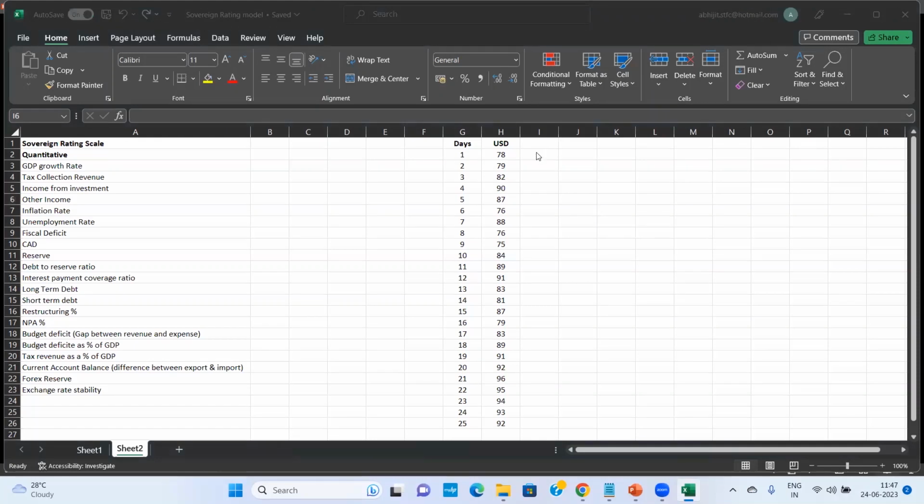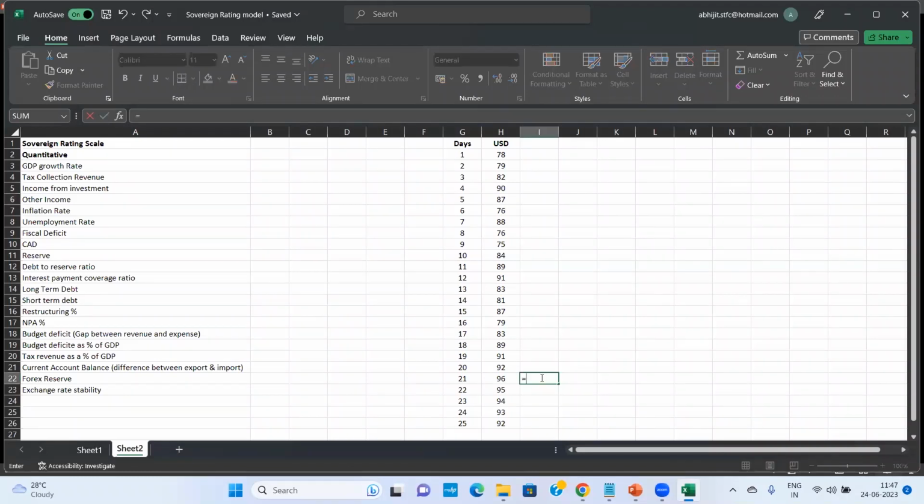Correct. Now your answer is correct. So now if I do like this, this is my variance. Yes or no?